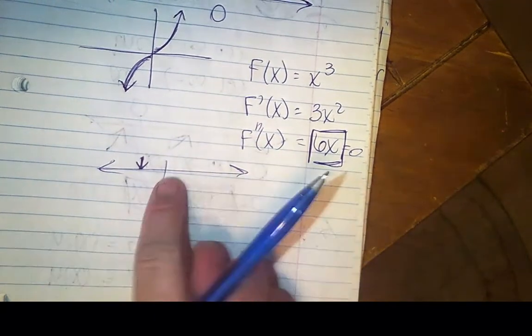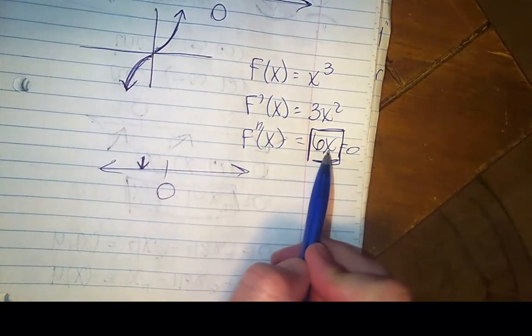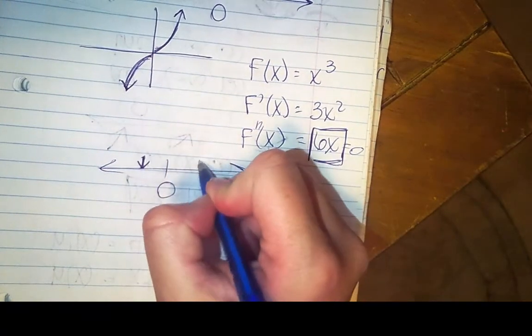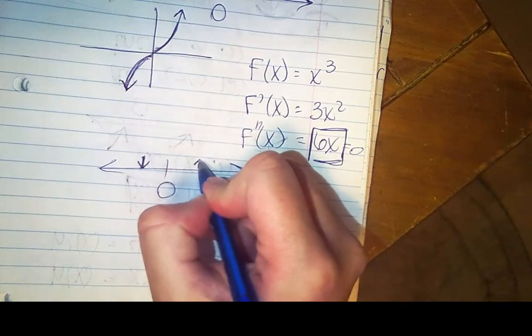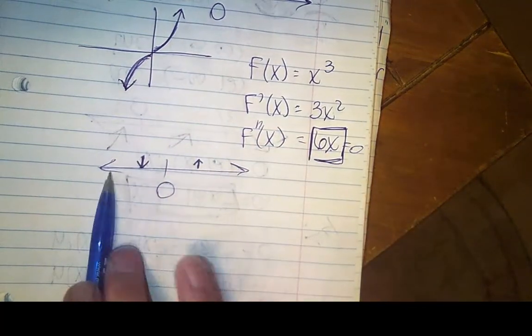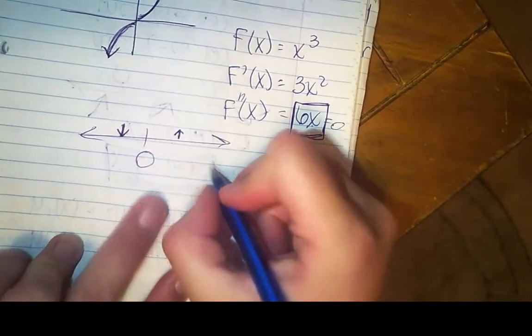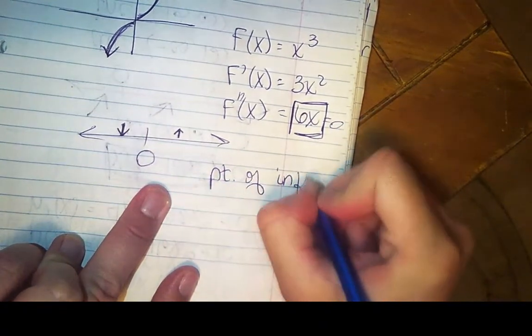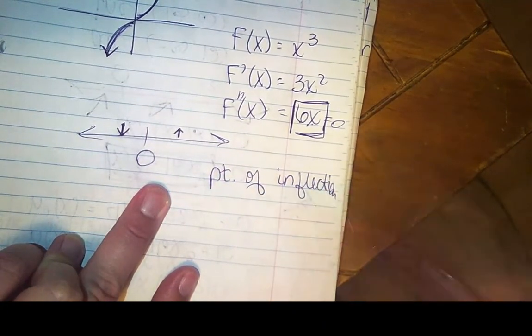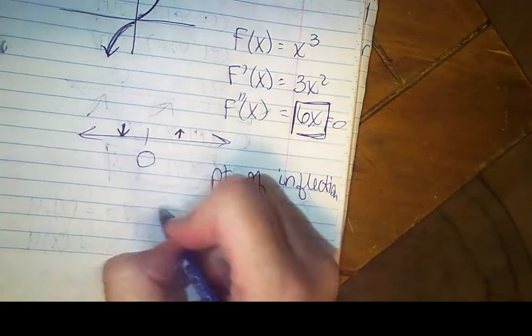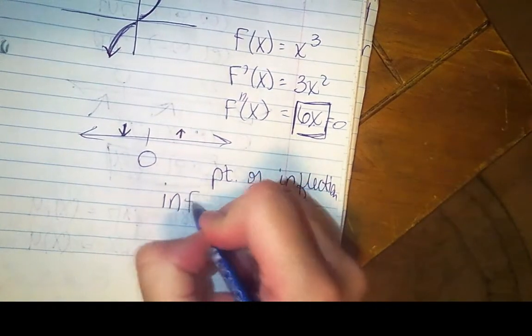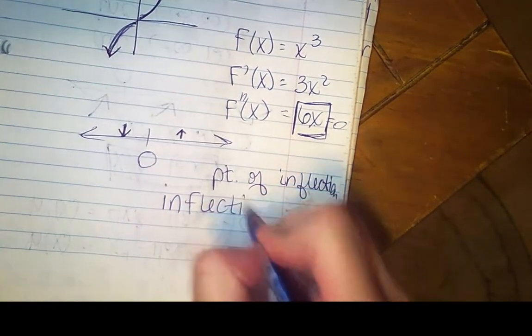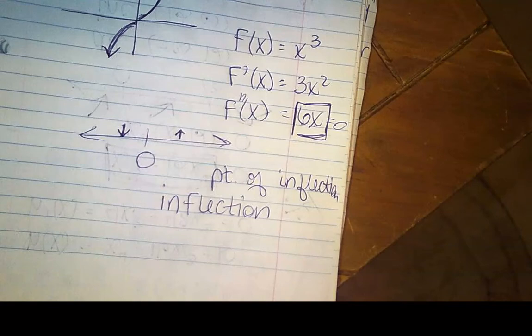If I give a number over here, let's say positive 5, 6 times positive 5 is positive, so it is concave up. Where it changes concavity is called your point of inflection.